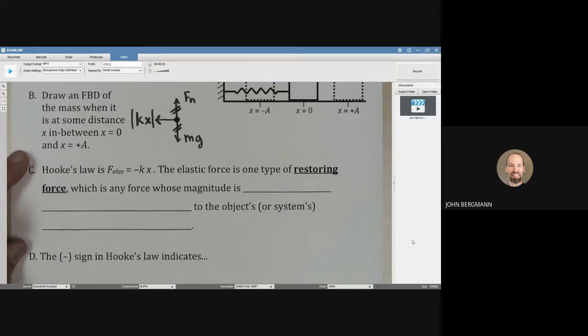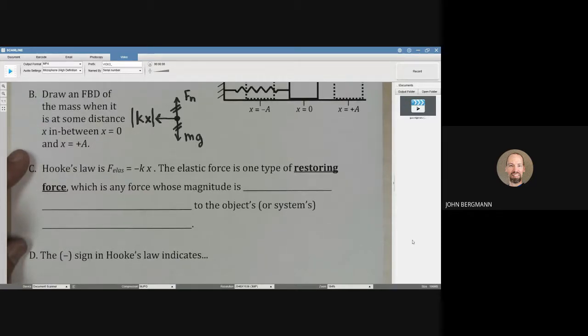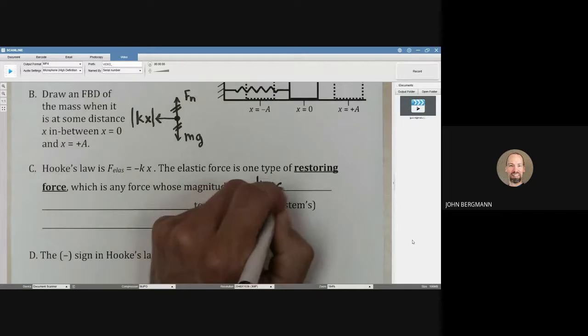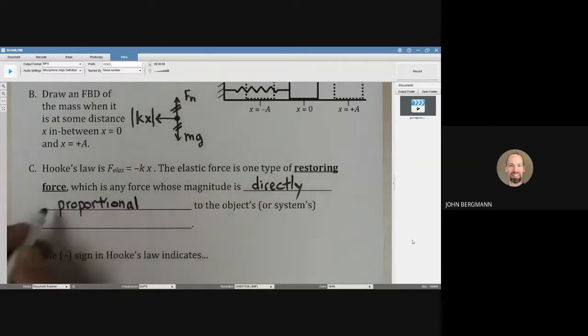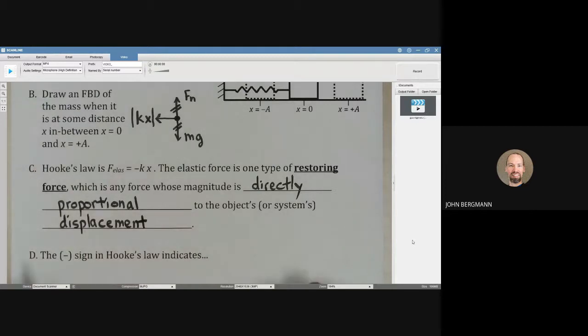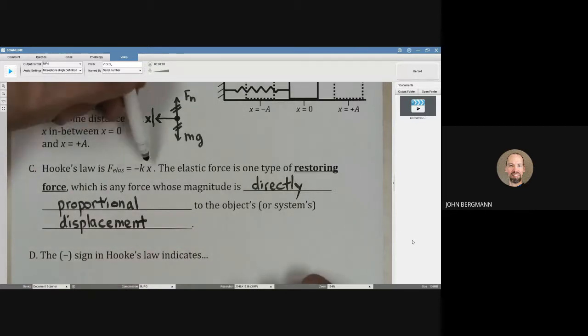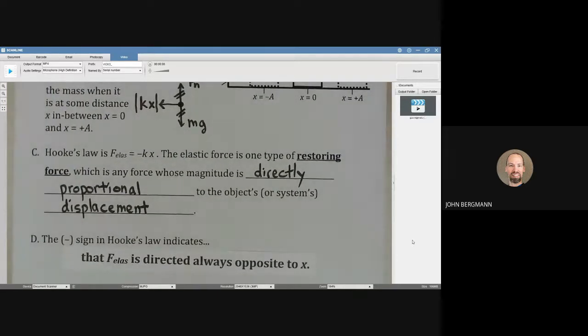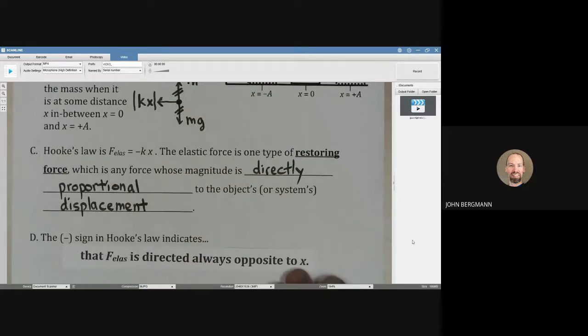The elastic force is one type of restoring force, which is any force whose magnitude is directly proportional to the object's displacement. And you can see in Hooke's law that the force and the displacement are linearly connected by some constant, the spring constant. The negative sign in Hooke's law indicates that the elastic force is directed always opposite to x.